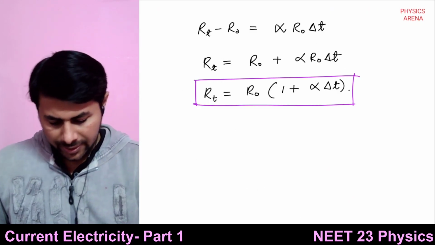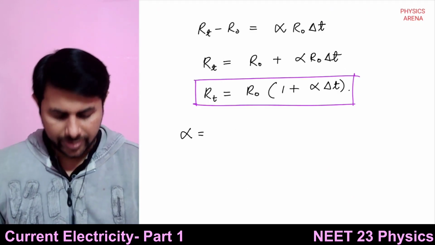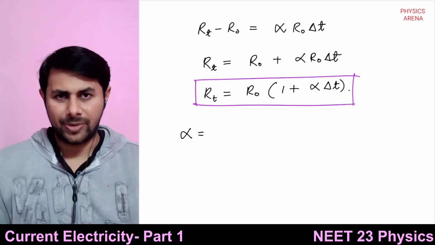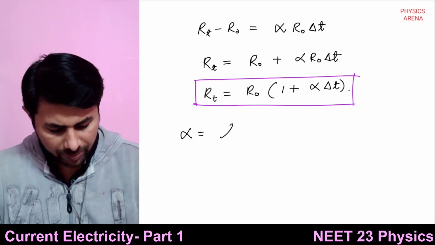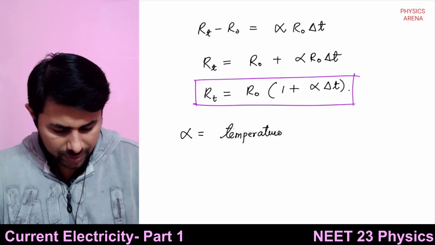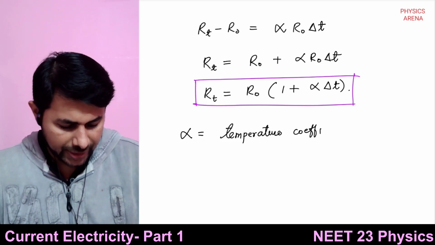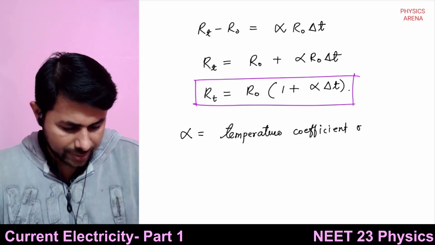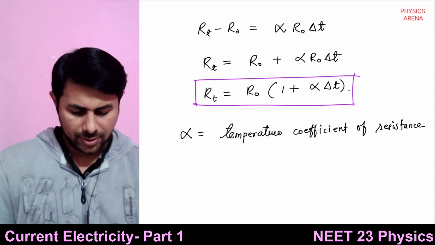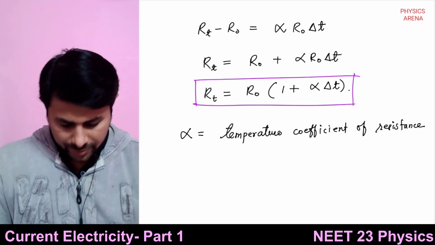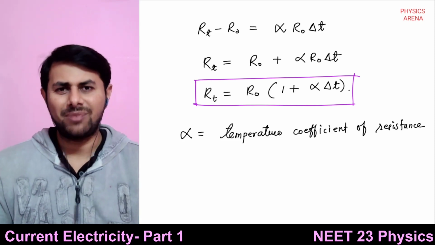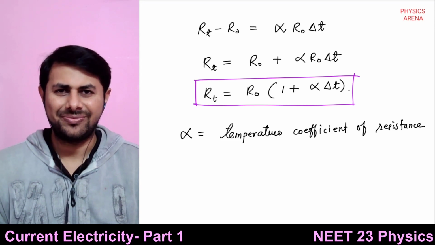And this alpha, the constant of proportionality, is known as the temperature coefficient of resistance. Now, for some materials it is positive, for some materials it is negative.